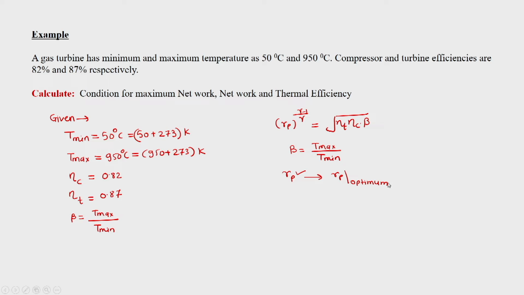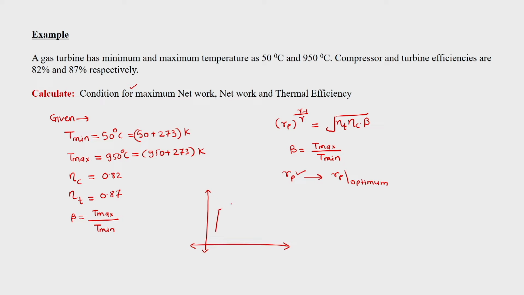We know the condition for maximum net work output, and this Rp gives us that condition. Now we can draw the TS diagram.